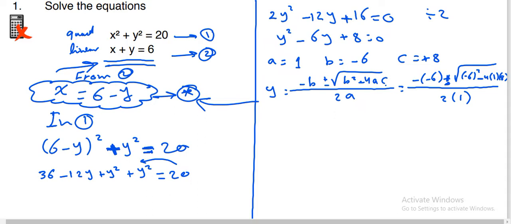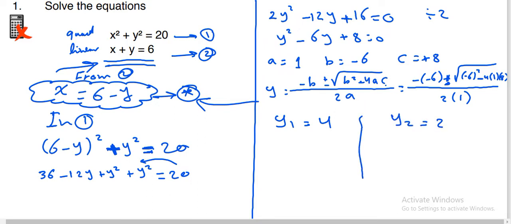So the first value y1 equals 4, and the second value, by putting minus, equals 2.